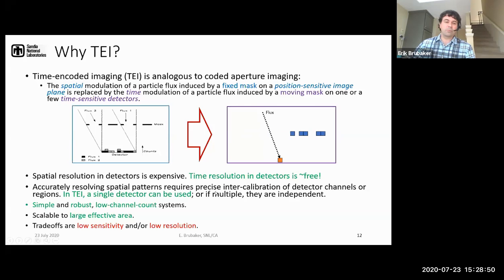There's a slightly more subtle point that calibration of detector channels is hard when you're talking about many channels making up a position-sensitive image plane. You need the cross-calibration among the channels to be very good, whereas in the case of time-encoded imaging, you need the calibration of a given detector to be the same as itself over time, over the duration of a measurement, which is a much less stringent requirement.